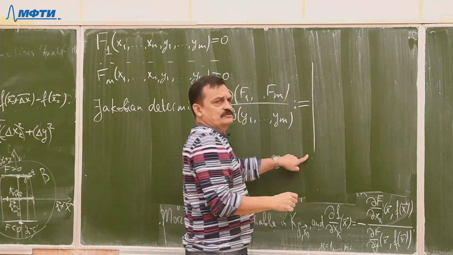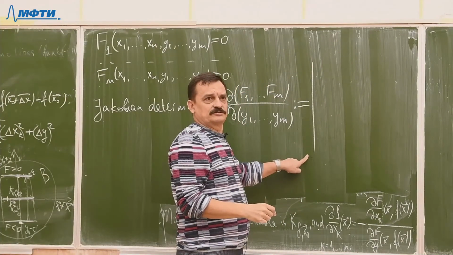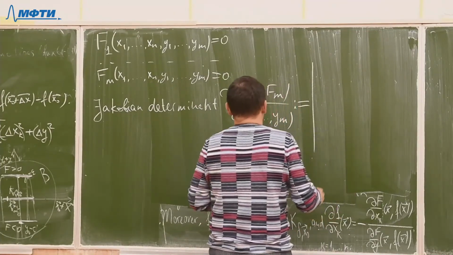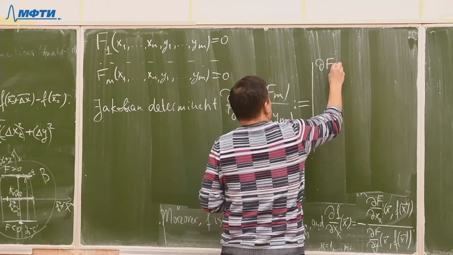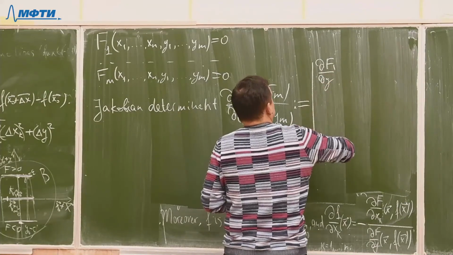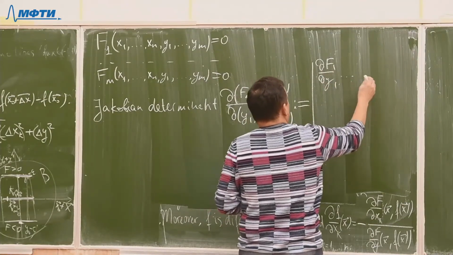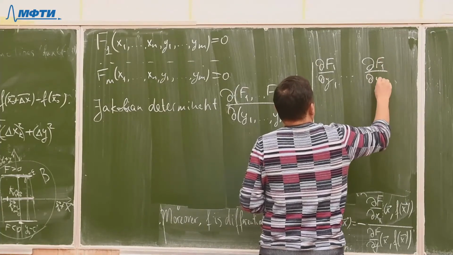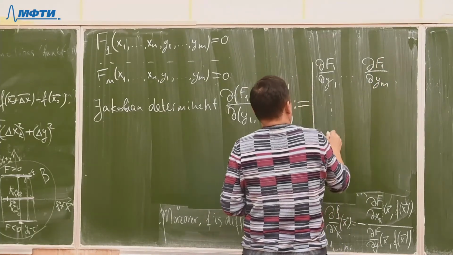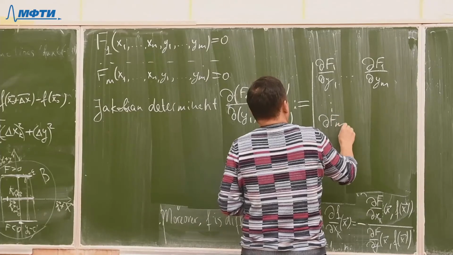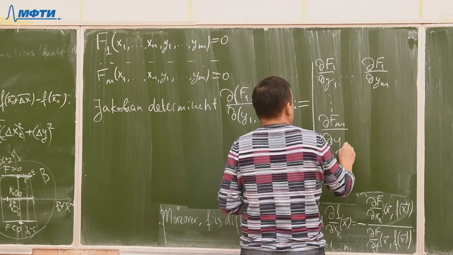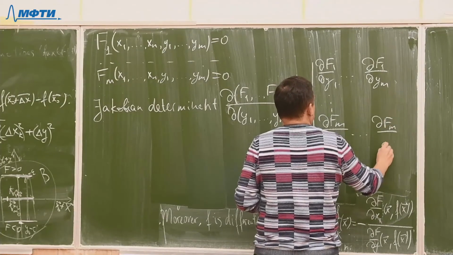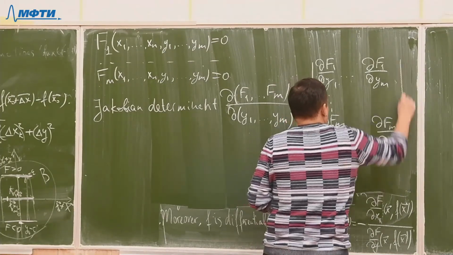Did you use this notation in linear algebra? Determinant, just one vertical line, right? So df1 over dy1, so on, df1 over dym, so on, dfm over dy1, so on, dfm over dym.